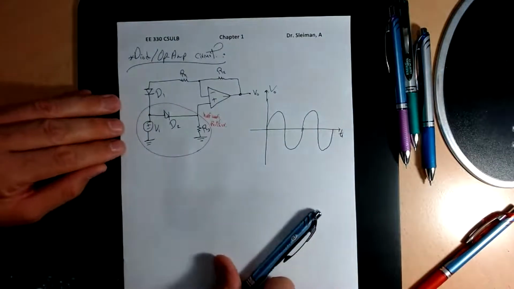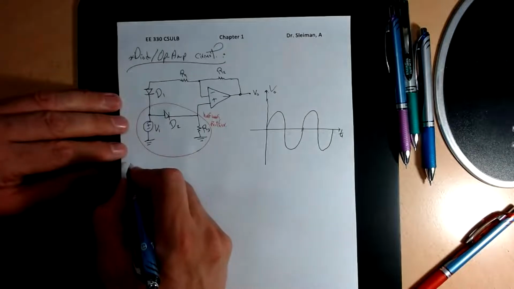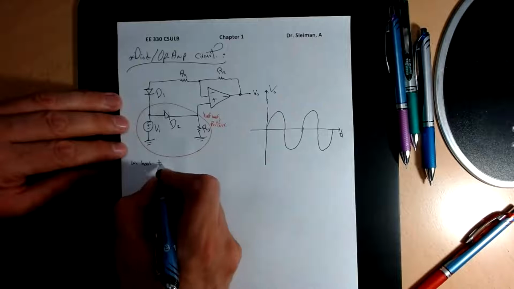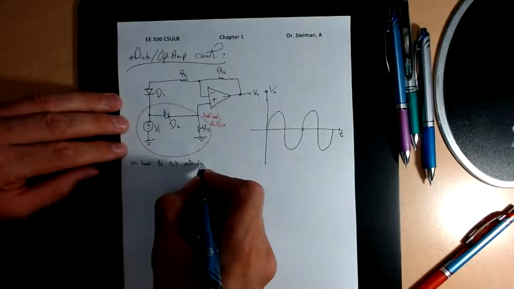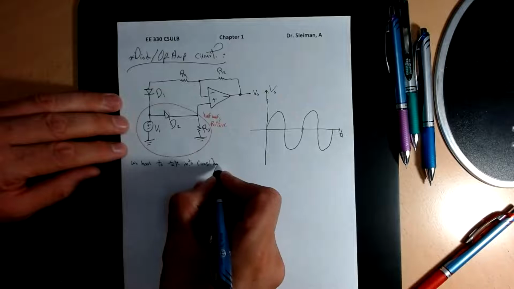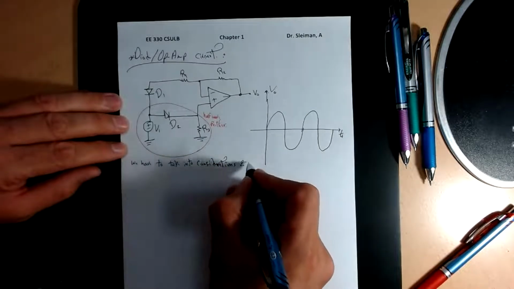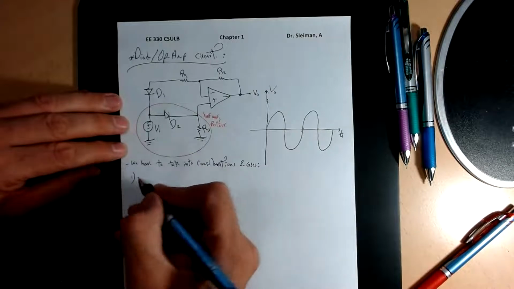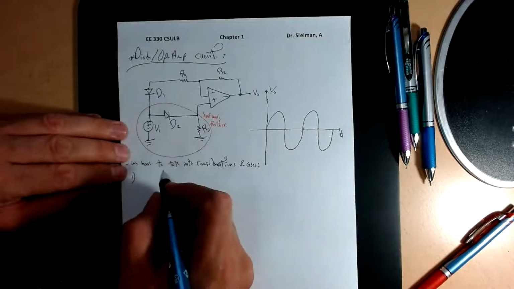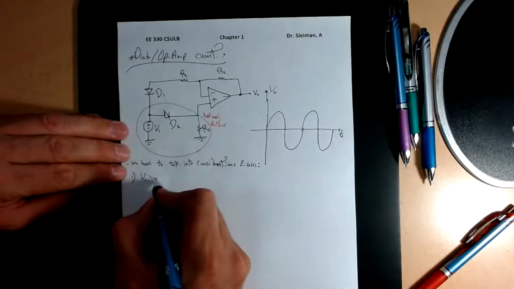So what happens here, we need to take into consideration two cases. Number one, when V1 is greater than 0.